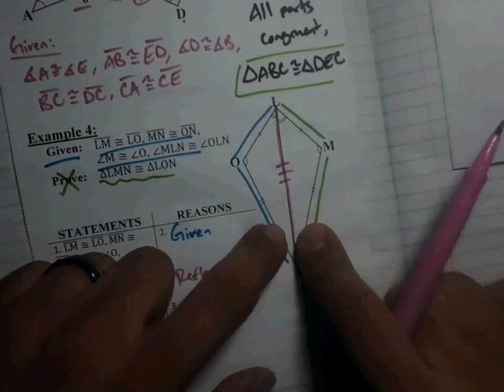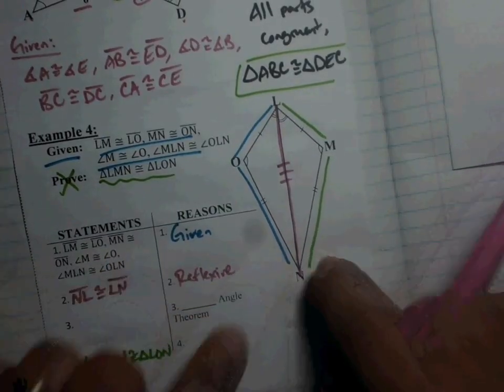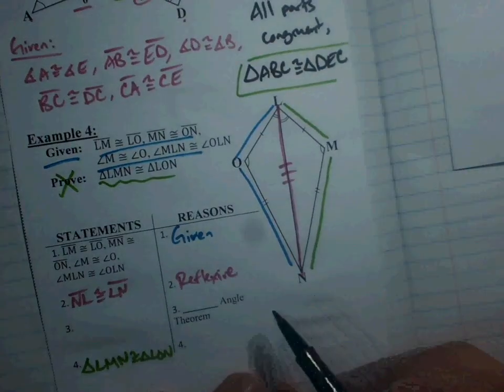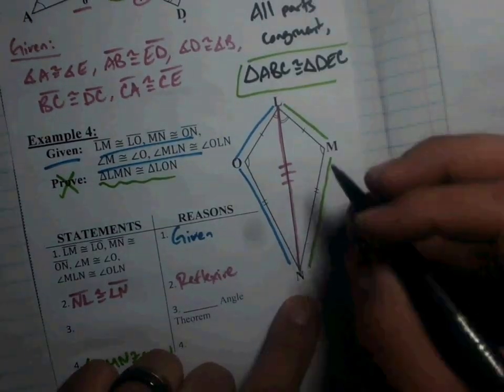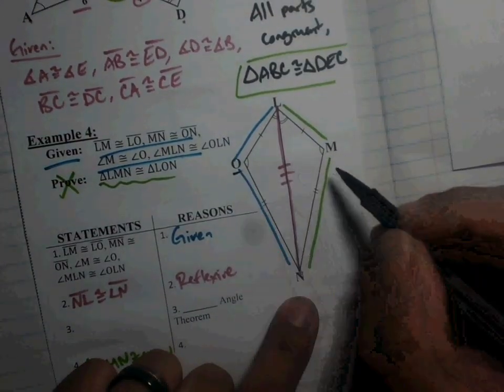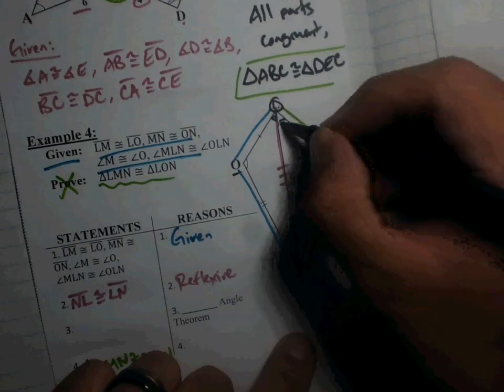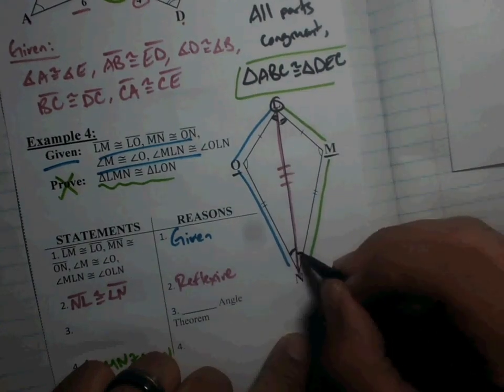Now we have to show that these two angles are congruent. Showing everything's congruent is going to help us out. And so lastly, since O is congruent to M, L is congruent, we have to show that this is congruent to that. And this one's actually really easy.